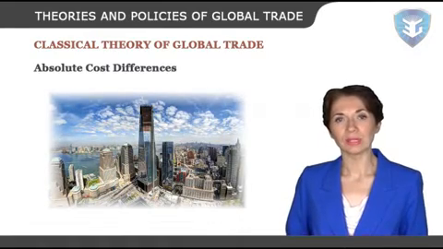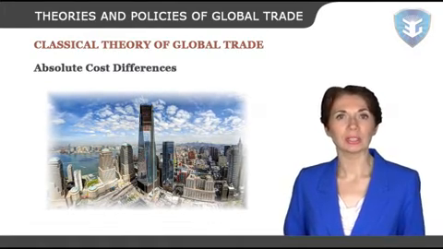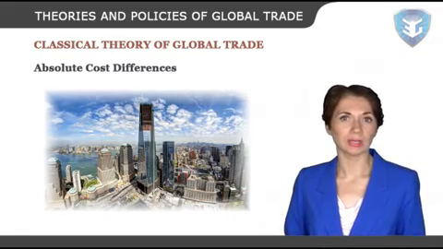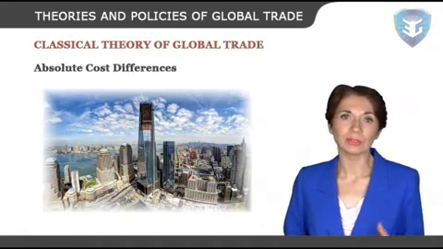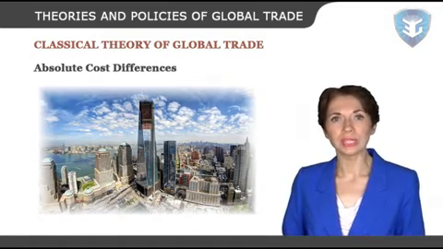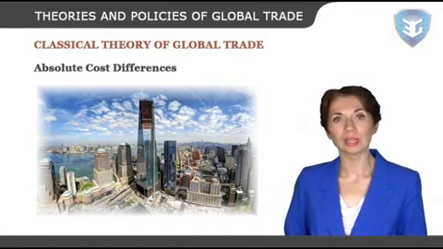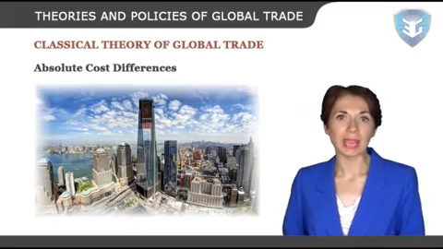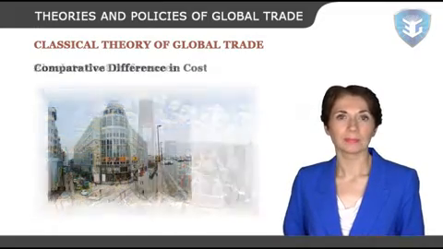As in the case of individuals, where each specializes in the production of that commodity in which he has an absolute superiority in terms of cost, so also each country specializes in production of goods based on absolute advantage.